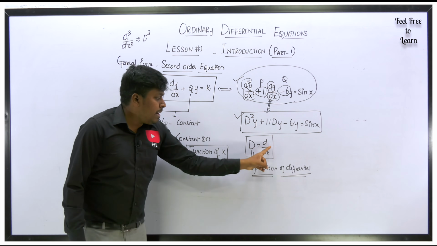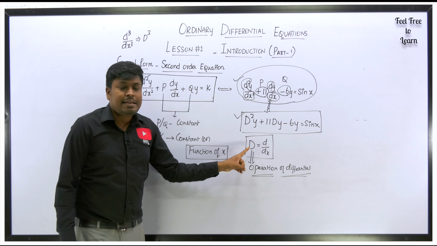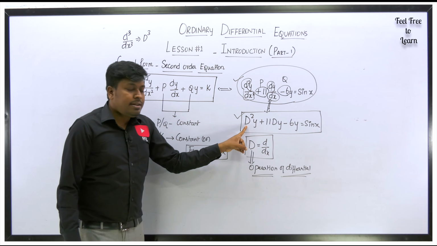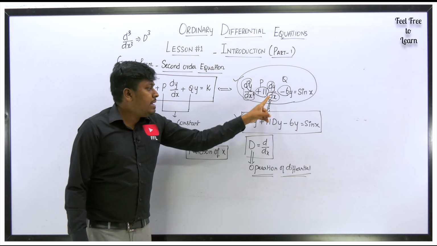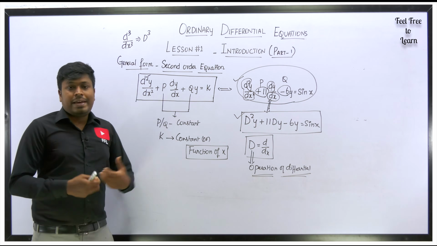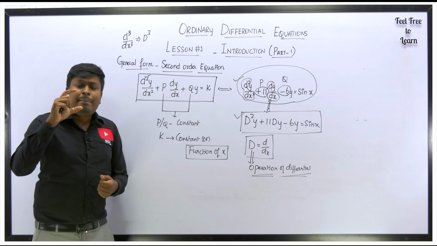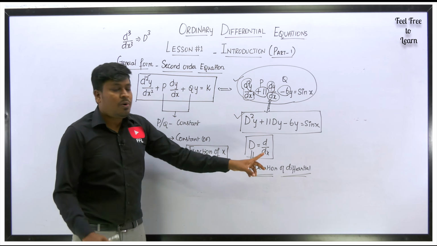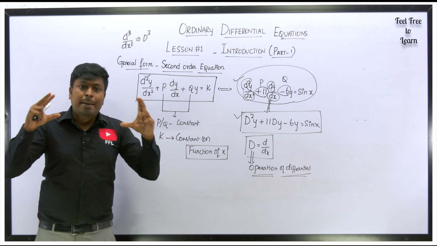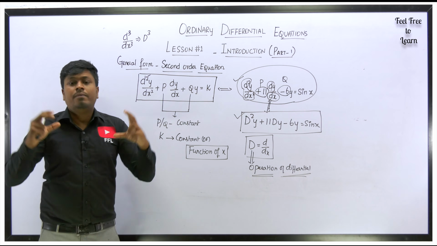So instead of d by dx, they will usually write this as capital D. You can see d square y by dx square can be written as capital D square. So d by dx can be written as capital D. This is another way of expressing. And remember one thing, what is capital D? Operation of differential. Yes, we can learn all those steps, but you need to remember it. Capital D is called the operation of differential.